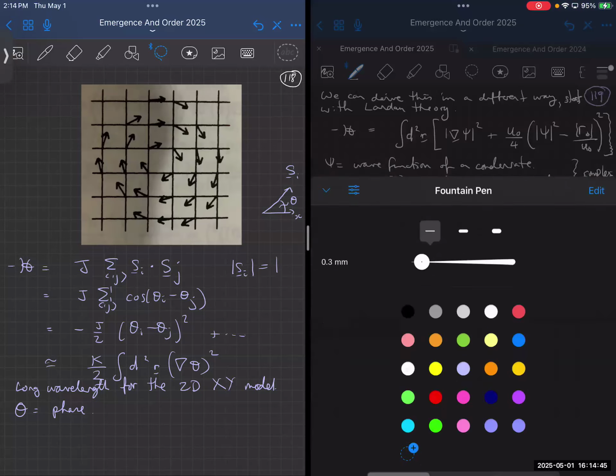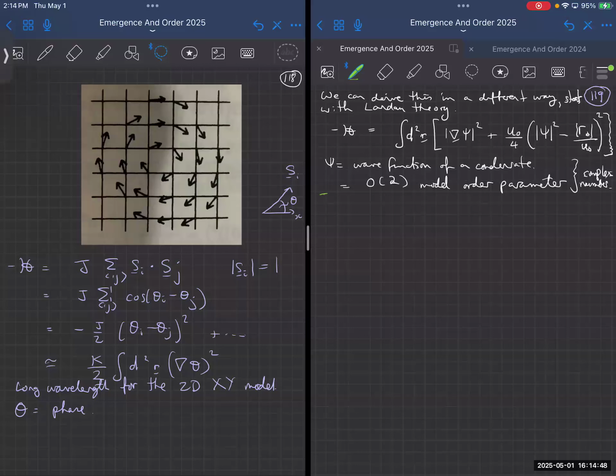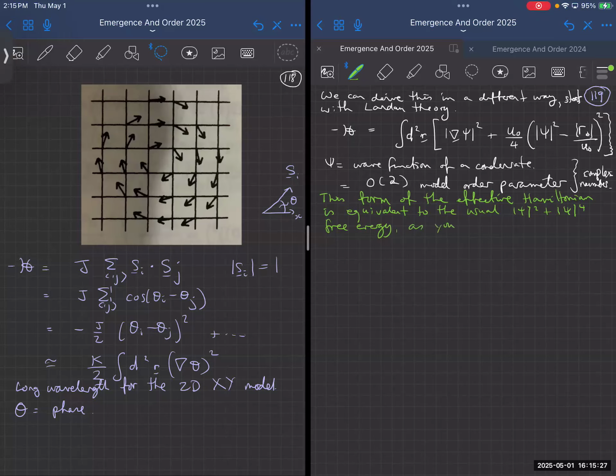So let's just say that this form of the effective Hamiltonian is equivalent to the usual psi squared plus psi fourth Landau free energy, as you can see by squaring the brackets.